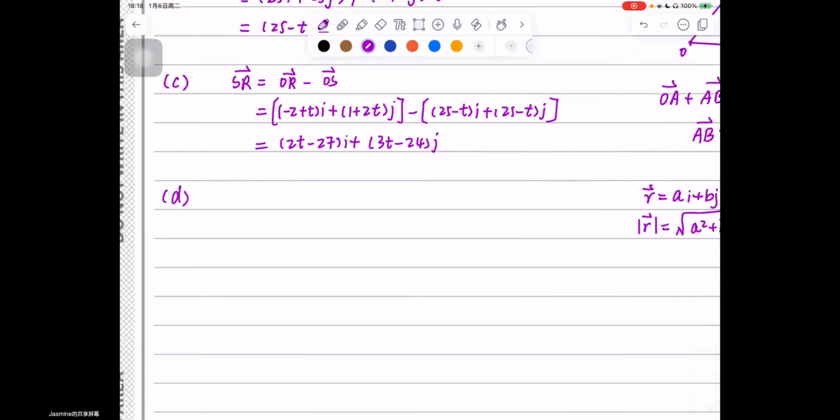Let's calculate distance SR first. Distance SR is equal to modulus SR, which is the square root of (2t minus 27) squared plus (3t minus 24) squared.